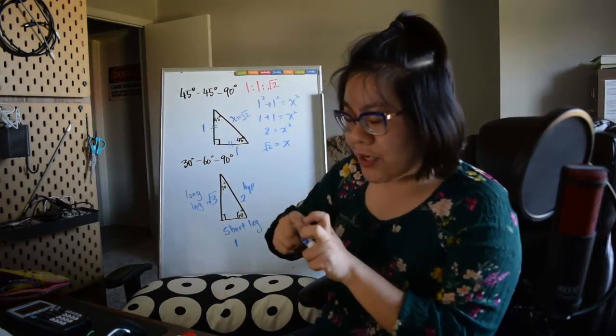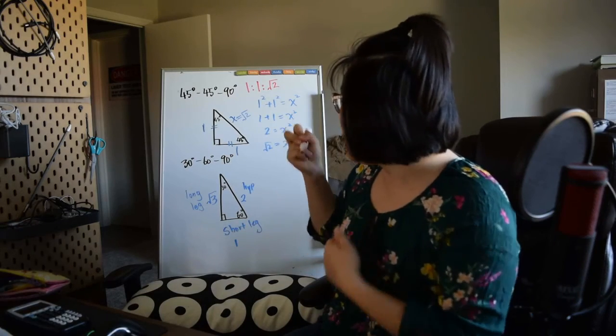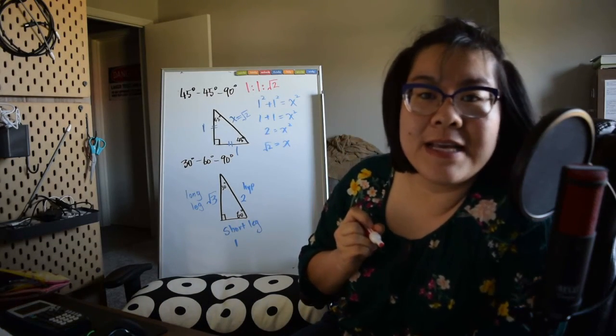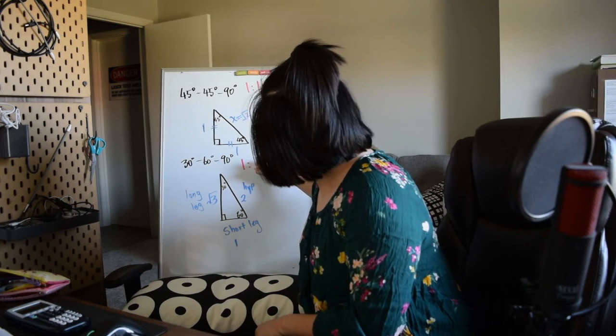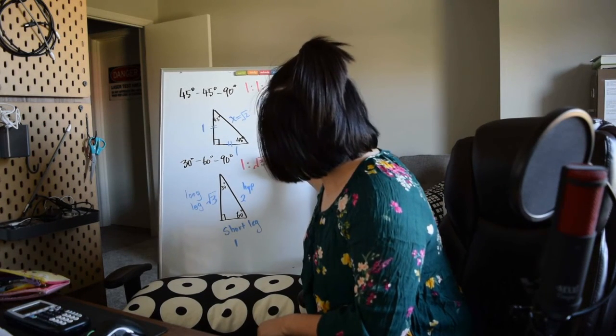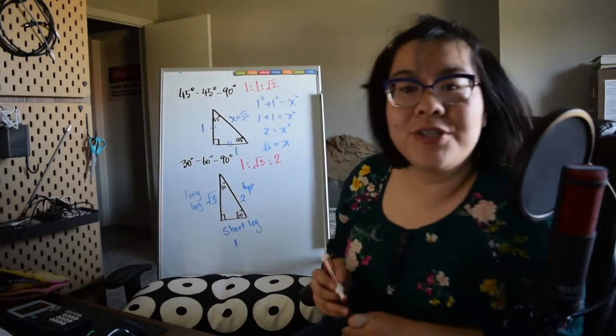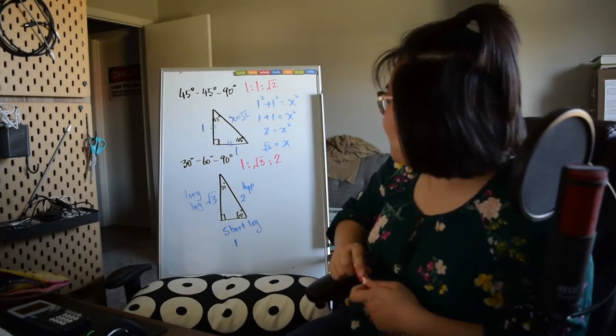So the ratio of the sides of the 30-60-90 triangle is 1, radical 3, and 2. Okay, all right.